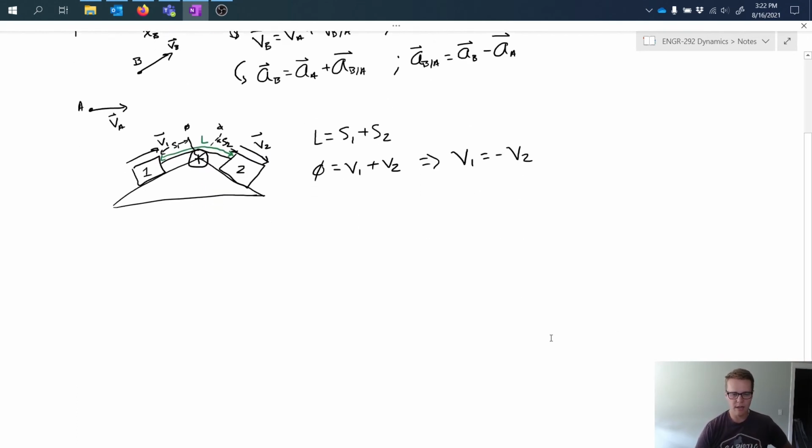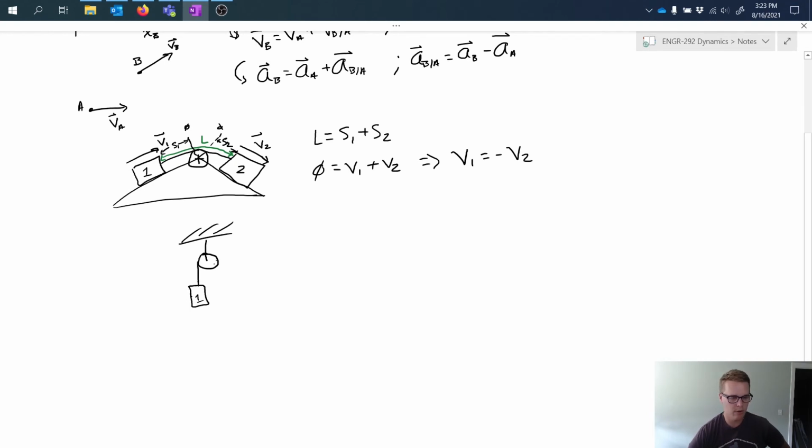Now, we could look at this in a slightly more complicated pulley scenario, in that suppose I have a pulley here and I have a block 1 here.